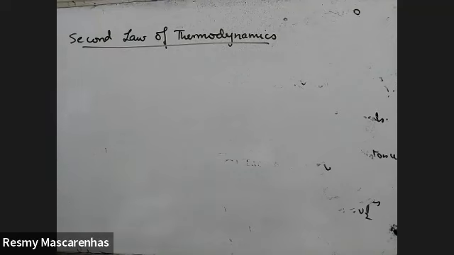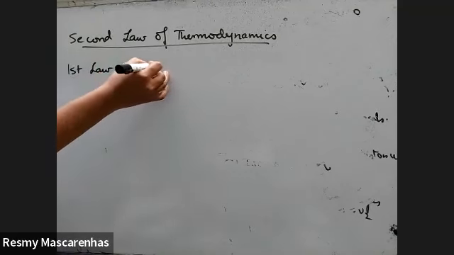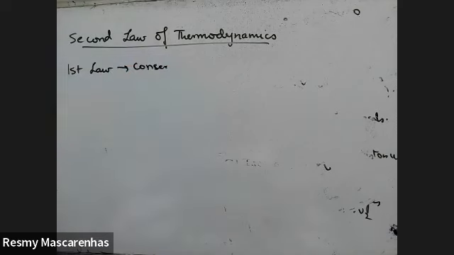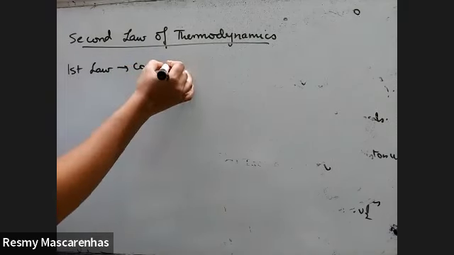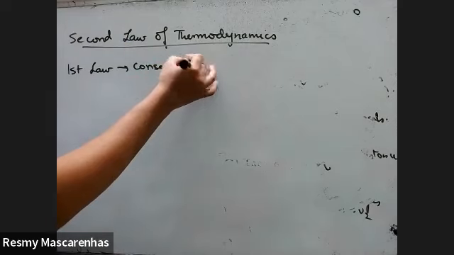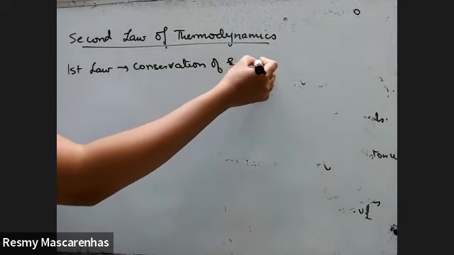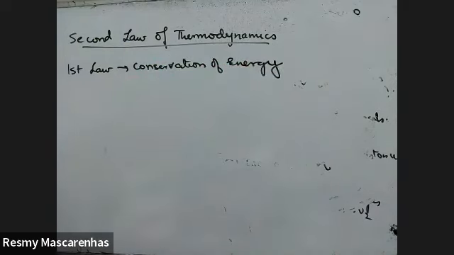Now, what does the first law say? The first law is dependent on conservation of energy. Conservation of energy means what? Energy can neither be destroyed nor created. So what does it try to say?